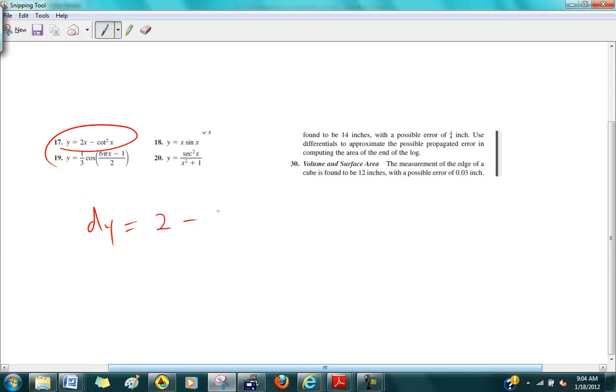So first of all, you're going to get a 2, right? Then you're going to get a cotangent x, and then the derivative of cotangent x is negative cosecant squared. So then this becomes a minus, and this becomes csc squared x dx.